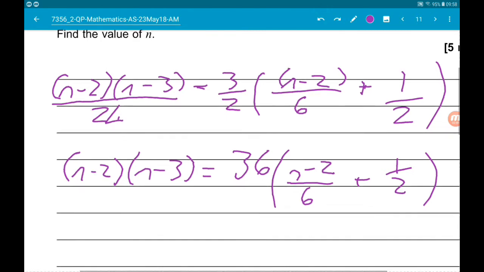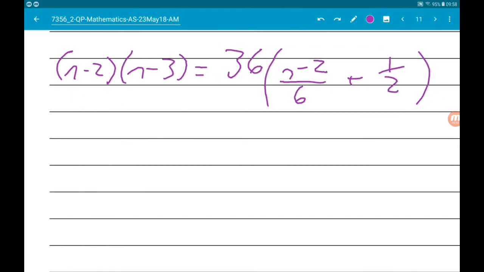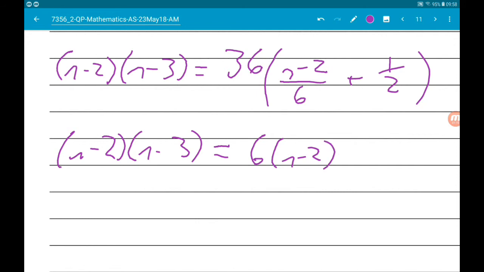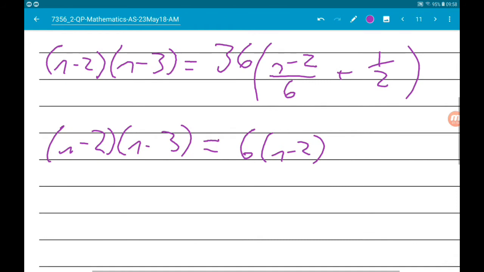So we've got n minus 2 times n minus 3 is equal to, well, 36 lots of n minus 2 over 6 is 6 lots n minus 2, and then 36 and a half is 18.